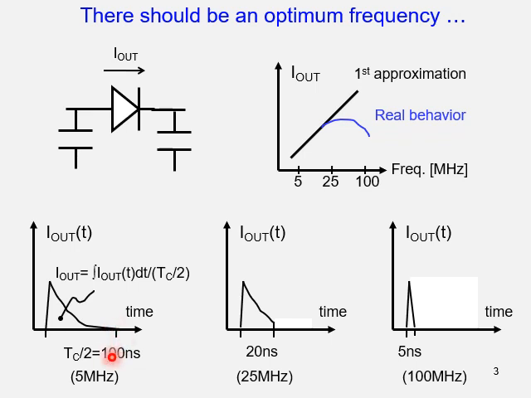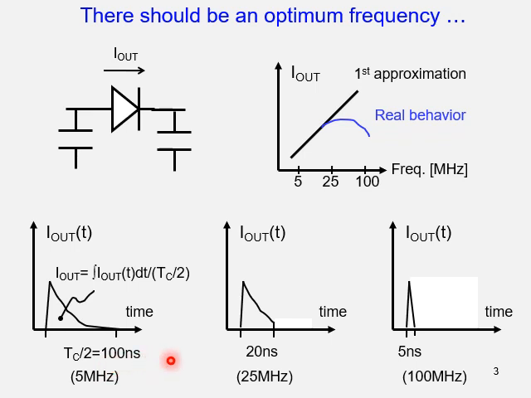In this example, the half clock cycle is 100 nanoseconds, and the output current is sufficiently reduced down to about 0 during this time period.